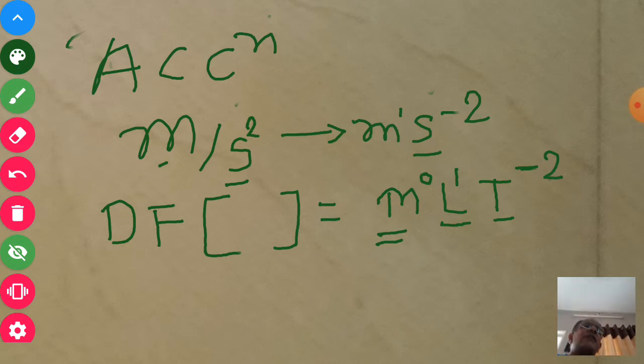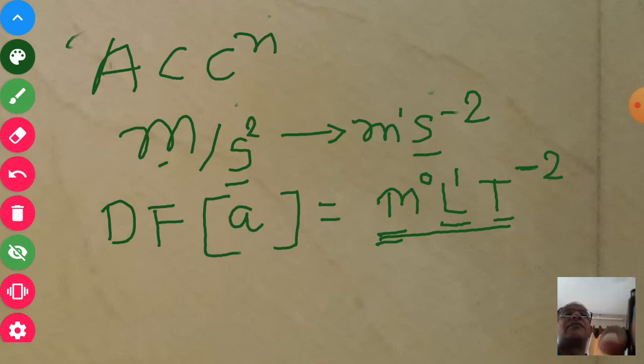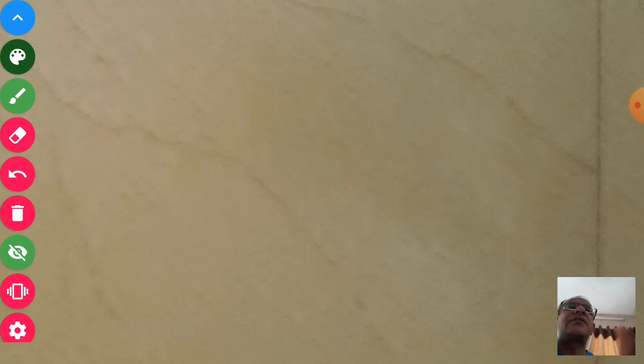So M0 L1 T raised to minus 2. Acceleration is denoted by small a, so the dimensional formula of acceleration is M0 L1 T raised to minus 2. Now there is another physical quantity which we have discussed, that is momentum.